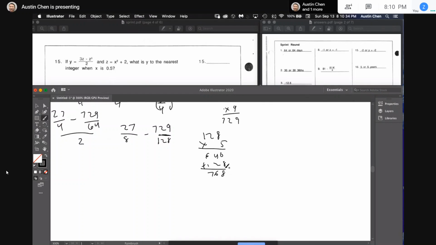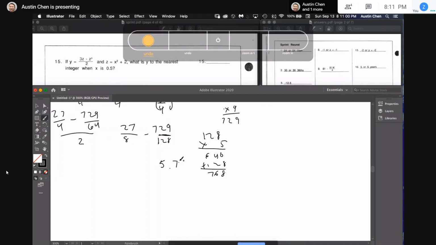So it looks like I would say 5.6 or 7-ish, judging on how close 729 is to 768 and 640. Maybe 5.7.